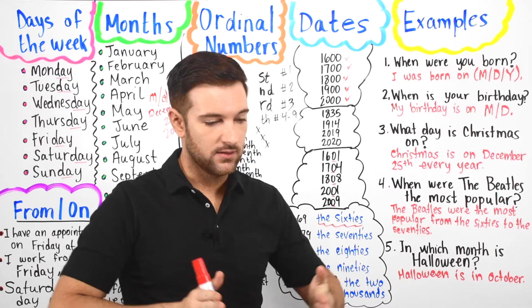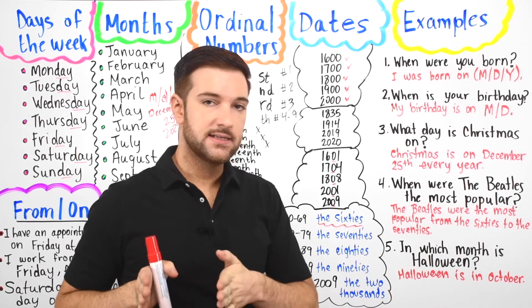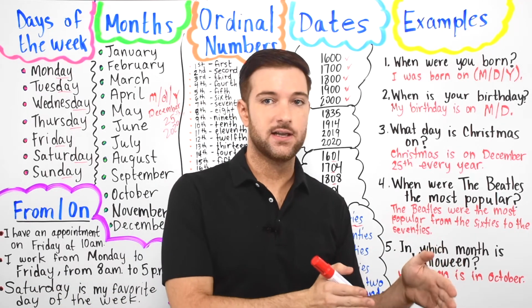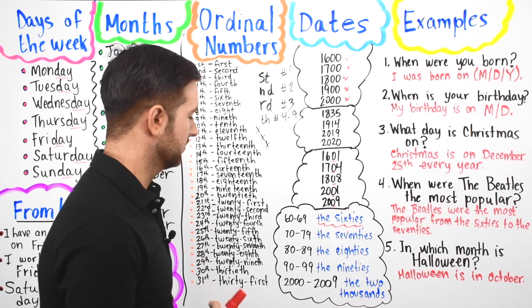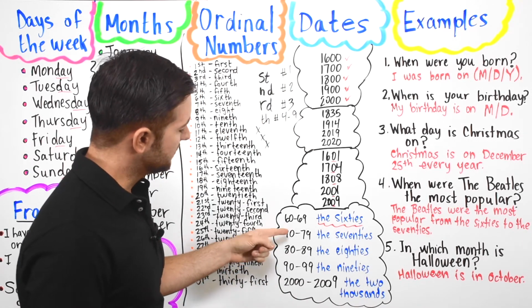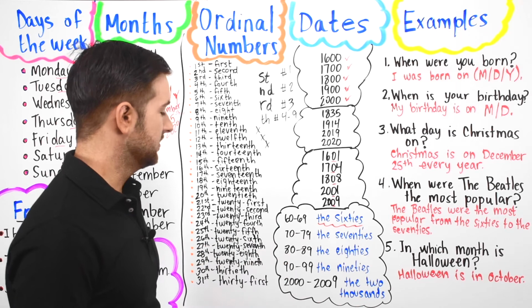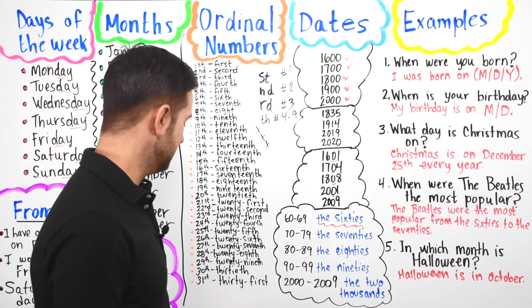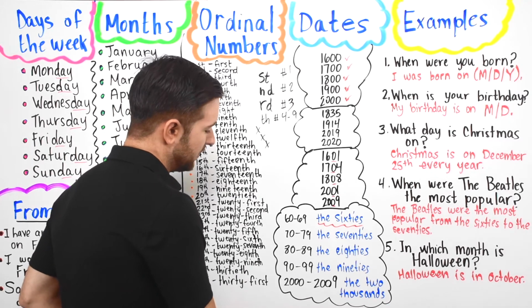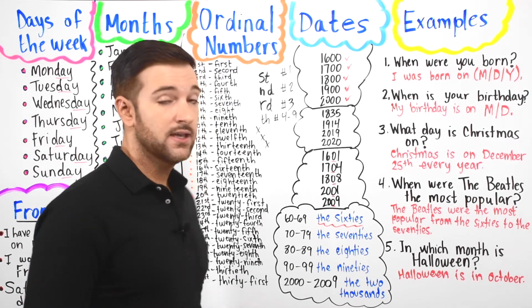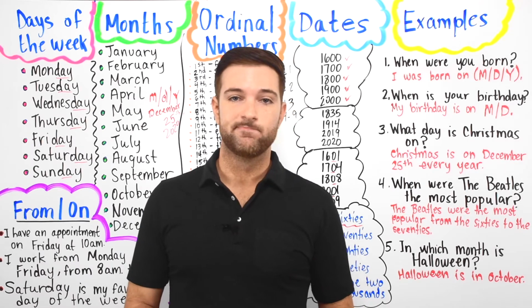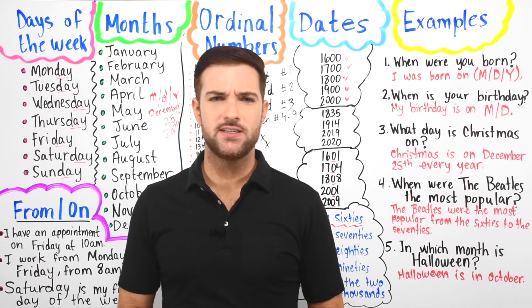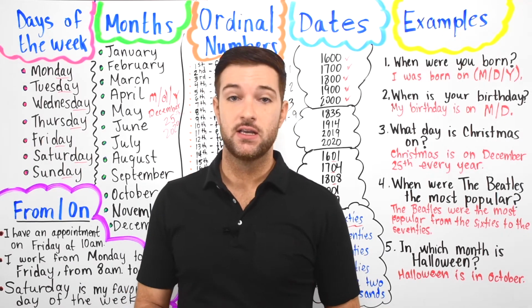We just say the 60s from 1960 to 1969. 1970 to 1979, the 70s. 80 to 89, the 80s. 90 to 99, the 90s. And then 2000 to 2009, we say the 2000s. So that's pretty easy. Just make sure you memorize that.